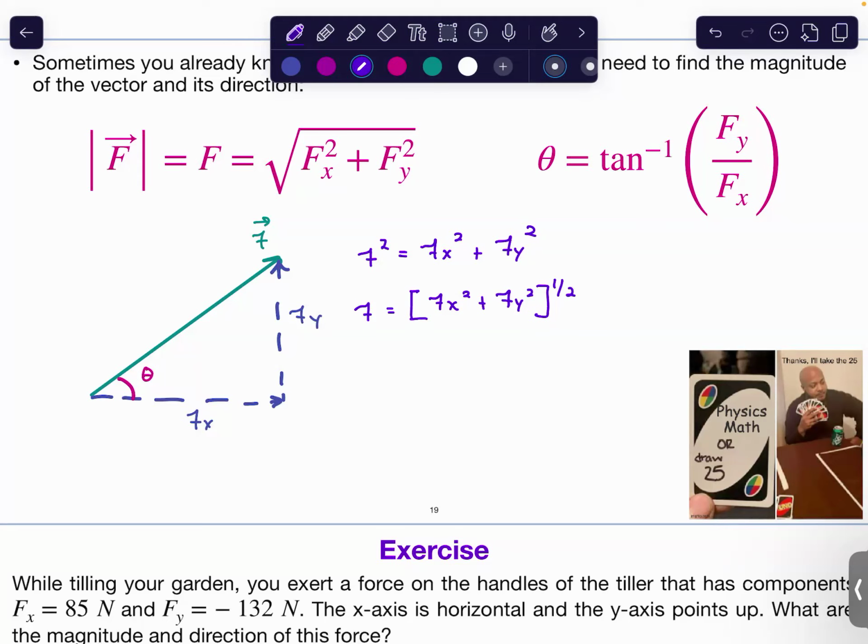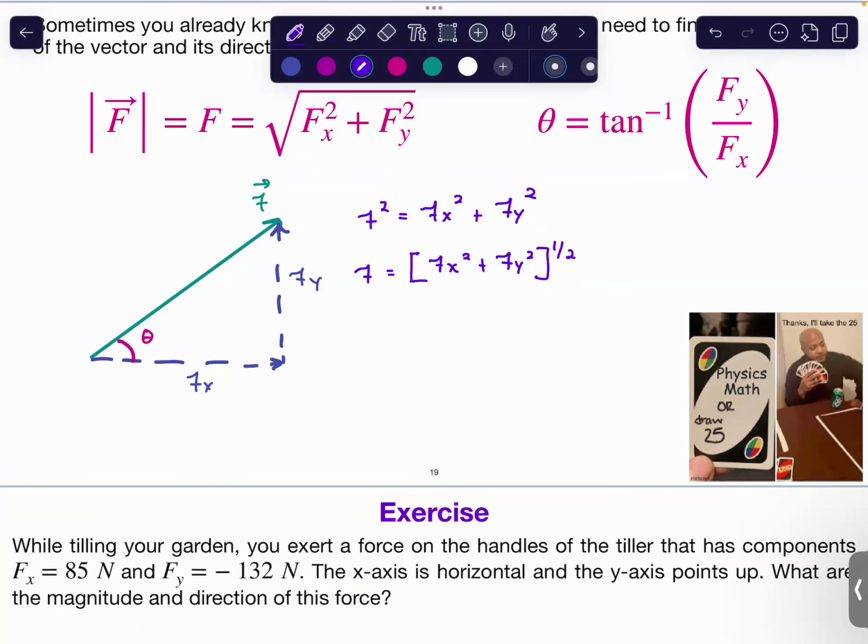Let's think about why we have that format for theta. Okay, well, if I know my Fx and Fy, how do I relate the sides of a right triangle? Which trig function relates the sides? Tangent. And tangent is what over what?